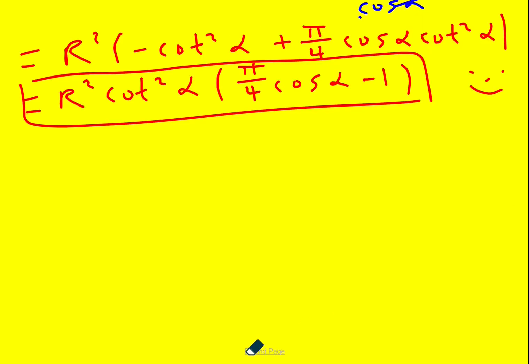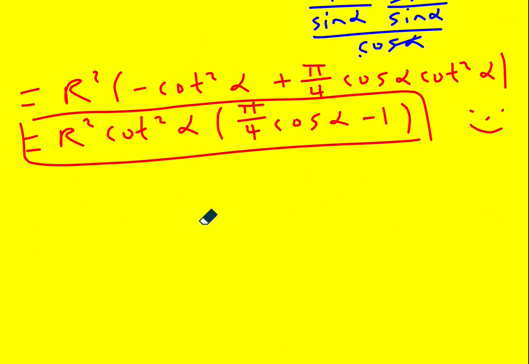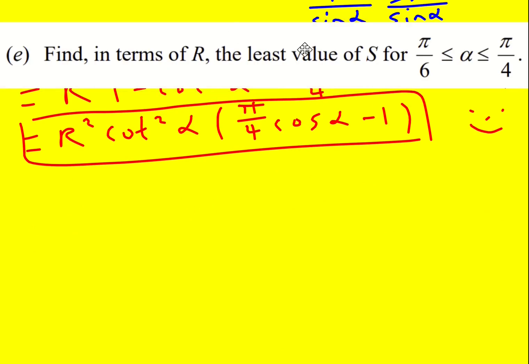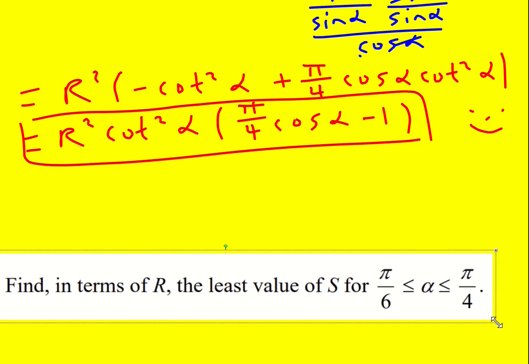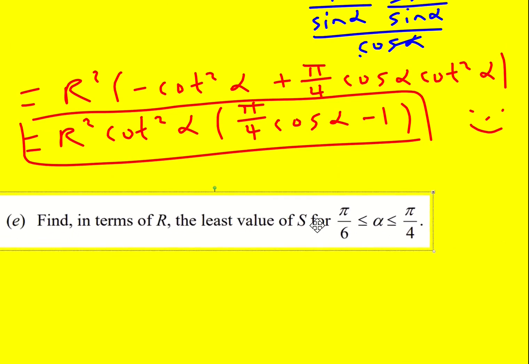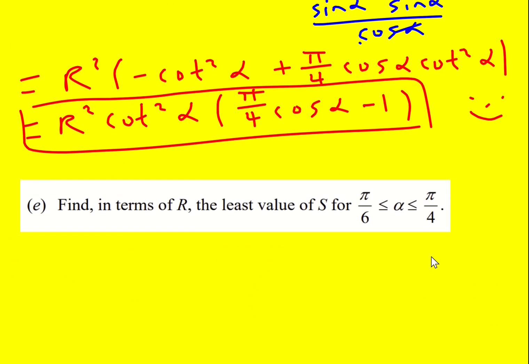One final part, sheesh. Okay. Find in terms of R the least value of S for alpha between pi over 6 and pi over 4. Well, it's quite natural, I think, to look at the derivative first of all.